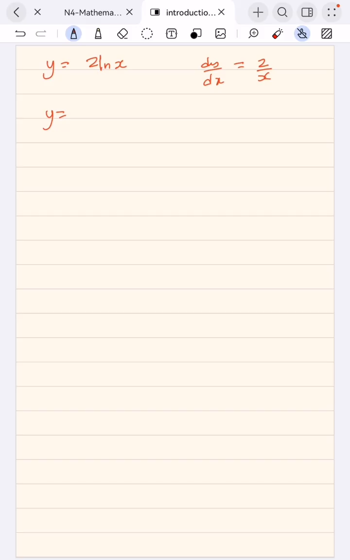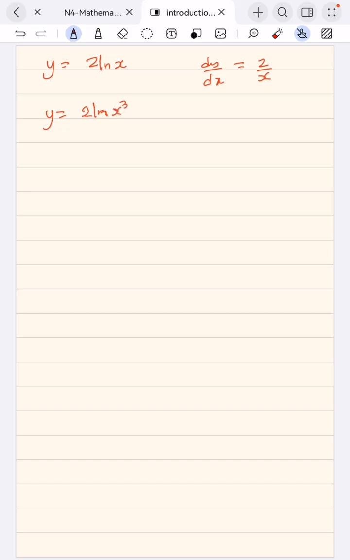For example, let's say you have 2 ln x cubed. Not x cubed, x squared. Not x squared, let's say the 3 is here. The 3 is there, it's exactly there.